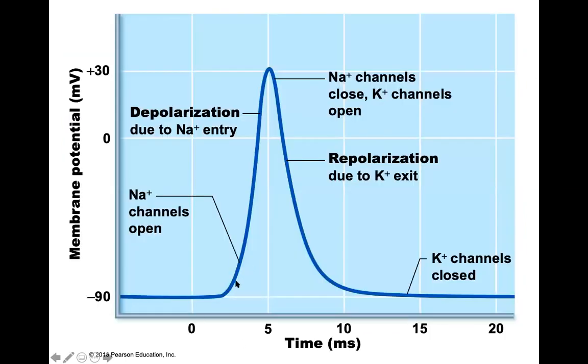So you have depolarization and repolarization. Depolarization depends on sodium and repolarization depends on potassium. It's very similar to what we have described in terms of action potential for neurons in our nervous system.